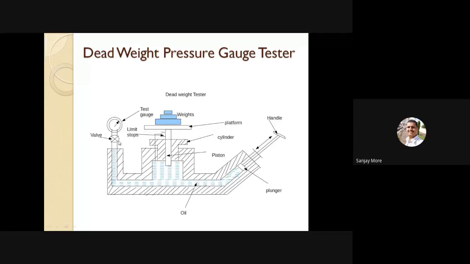This pressure is displayed on this dial gauge. Here, to maintain this weight or balance the weight and the dial gauge reading 0, they are calibrated in such a manner. Okay, this is the construction.